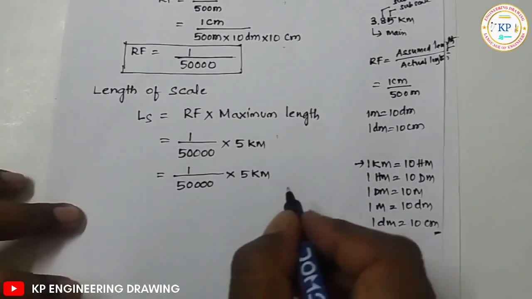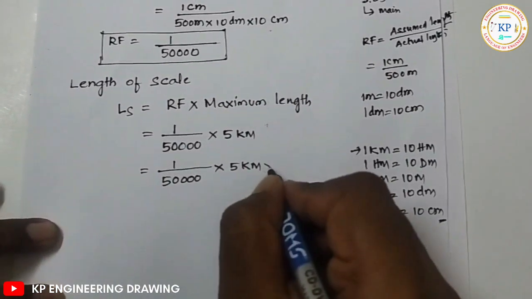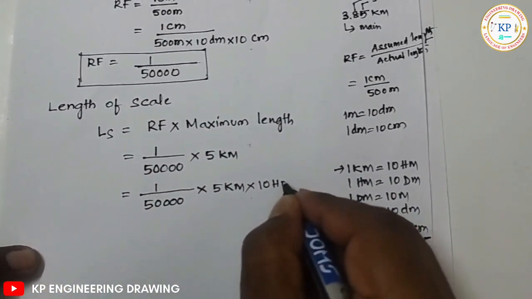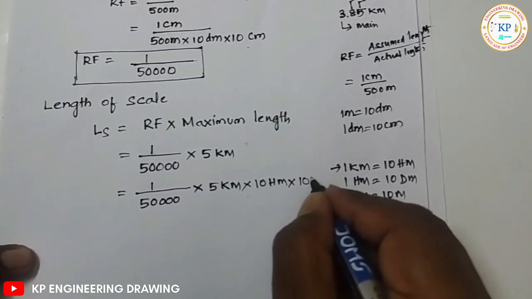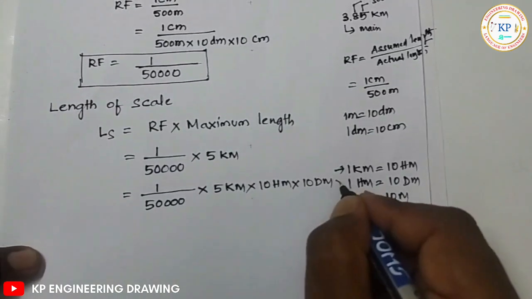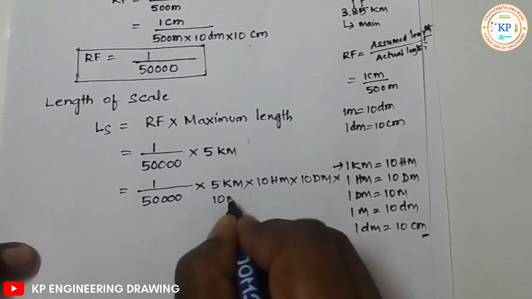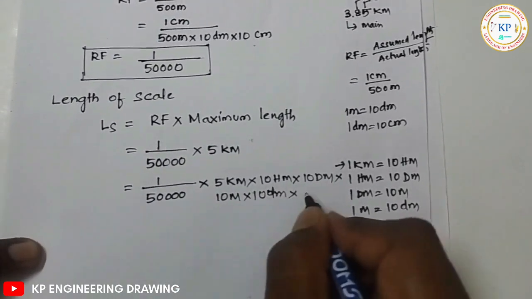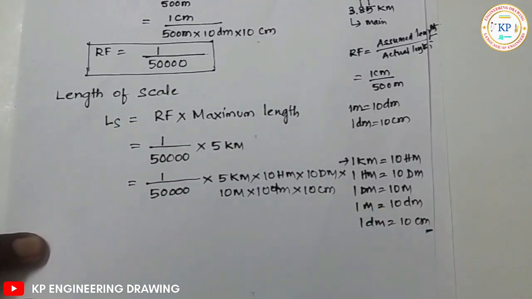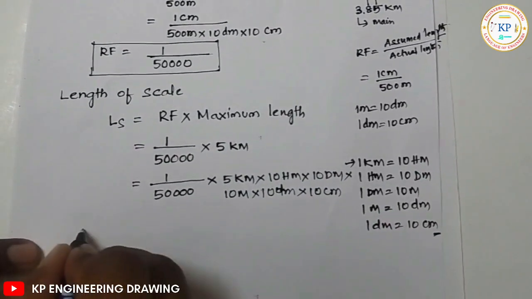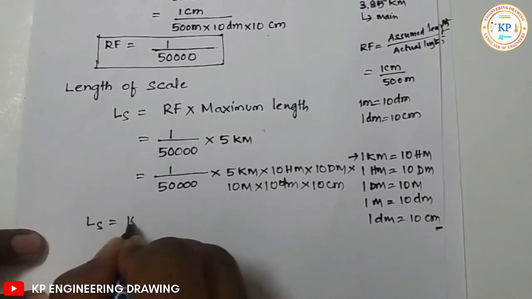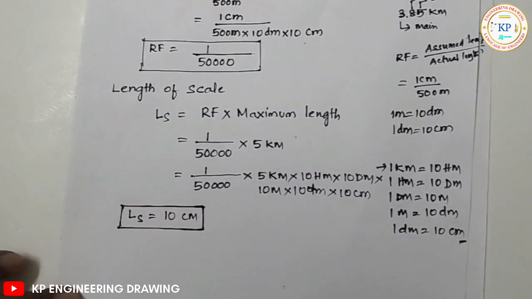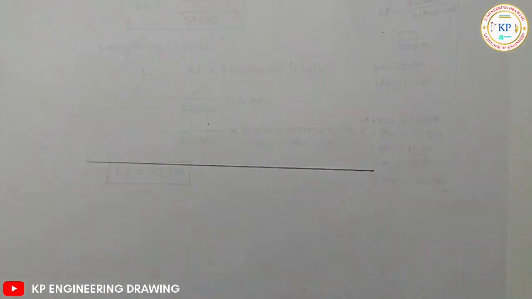We will write this as 1 kilometer is equal to 10 hectometers into 10 decameters into 10 meters into 10 decimeters into 10 centimeters. So from this we get LS as 10 centimeters. Now we'll construct the scale.